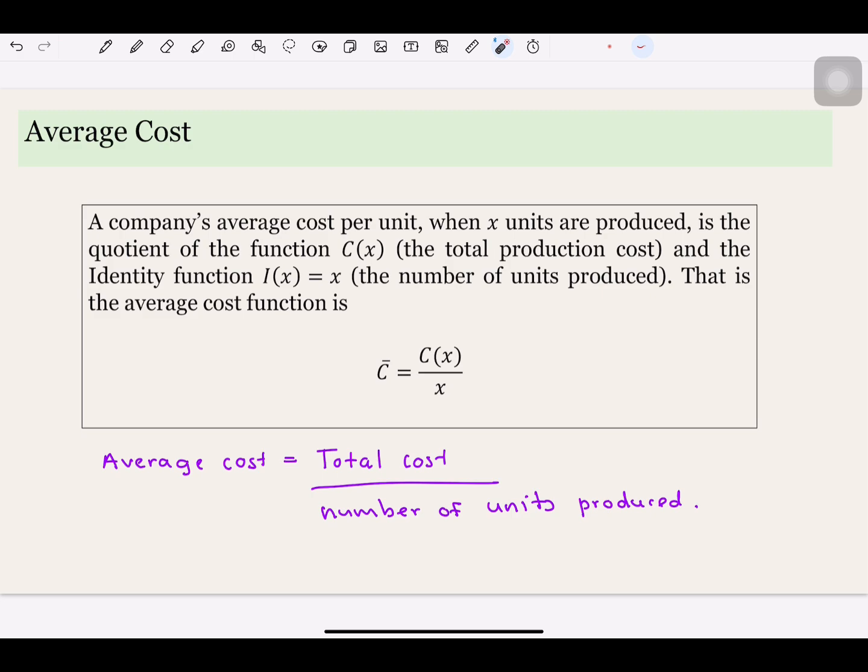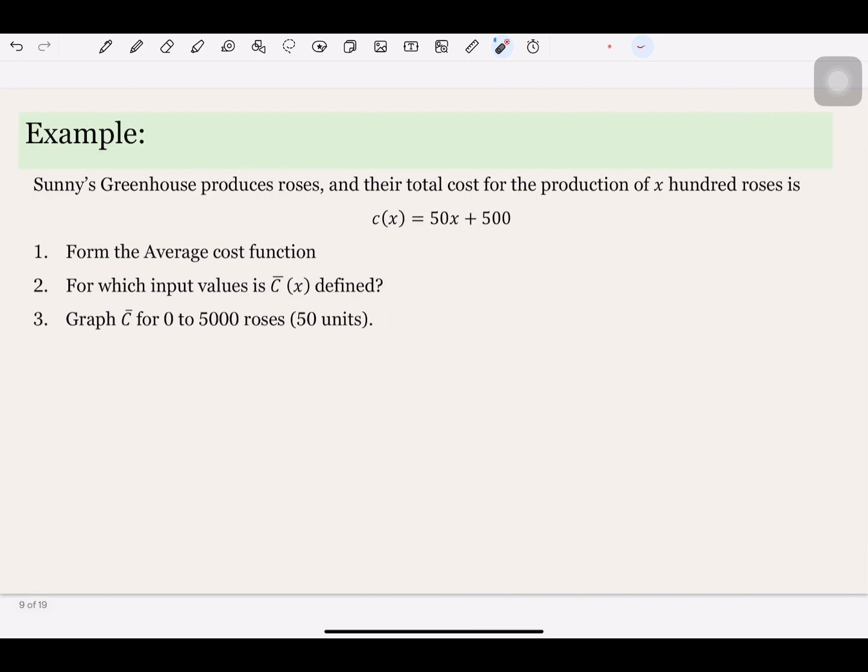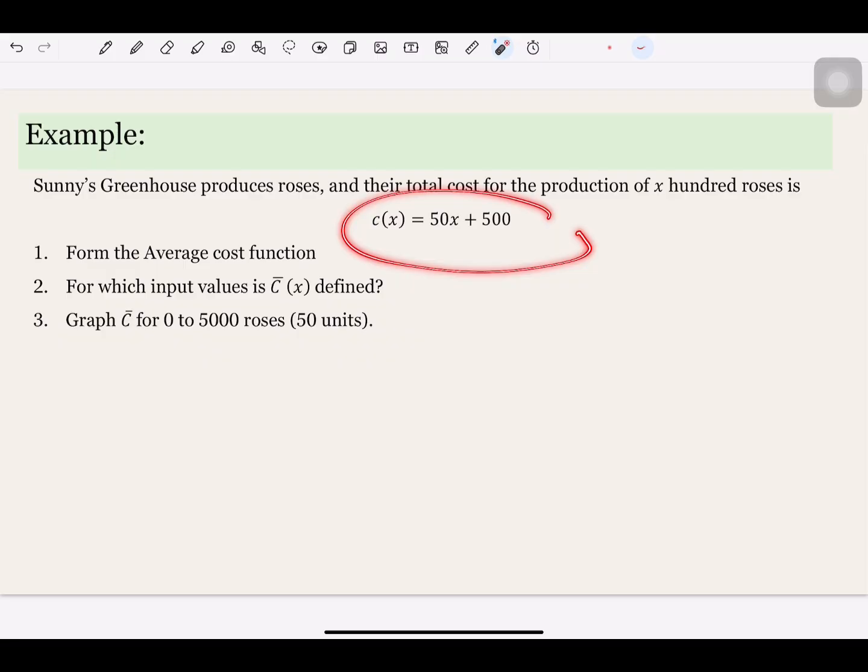So now let's look at an example to find the average cost. Let's look at a real world example for an average cost function. Sunny's greenhouse produces roses. Their total cost for producing x hundred roses is given by C of x, and the total cost is 50 multiplied by x plus 500.